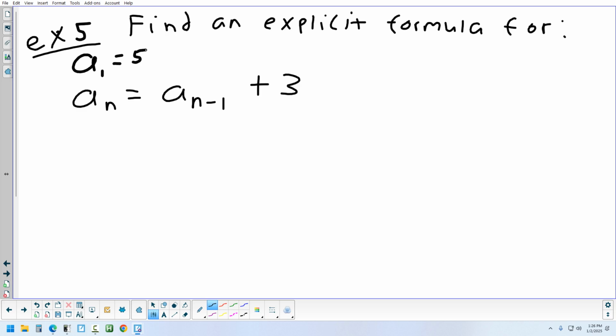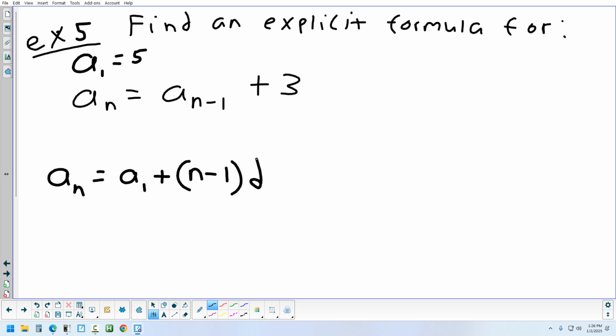Start at 5. What's the formula that we wrote down to figure it out when you're adding the same thing over and over? a_n equals a_1 plus n minus 1 times d. Yep.